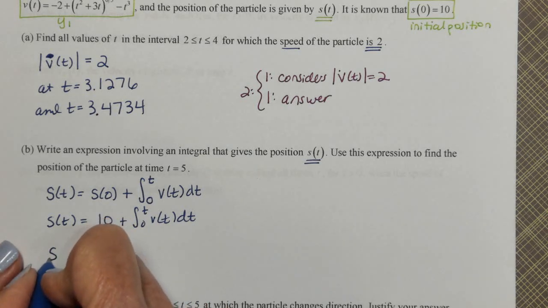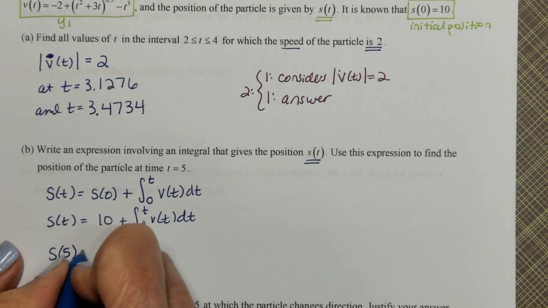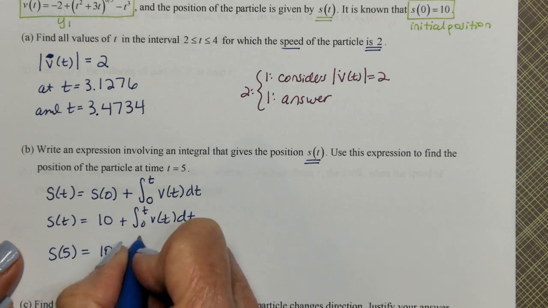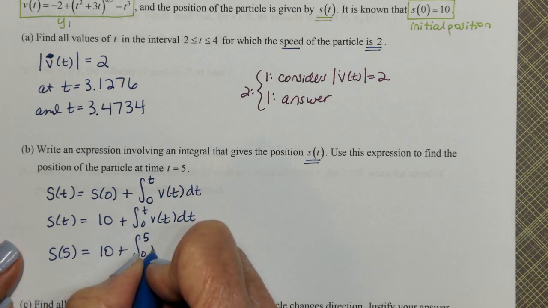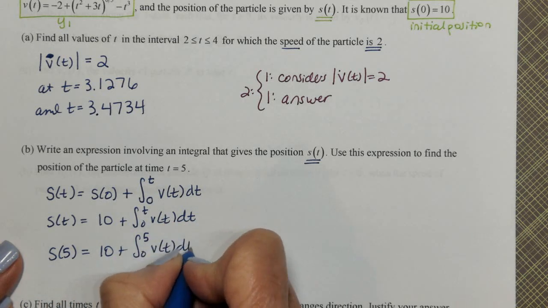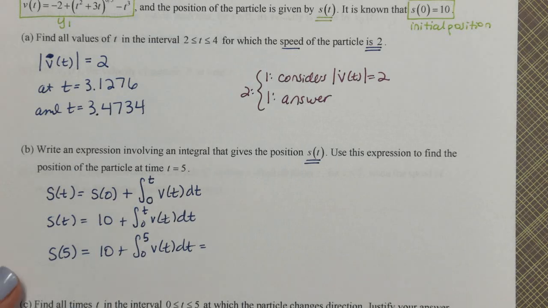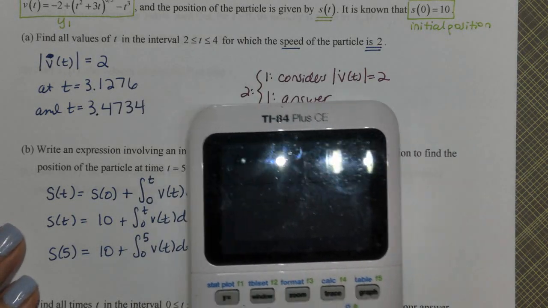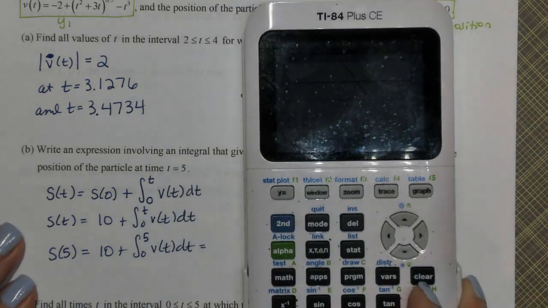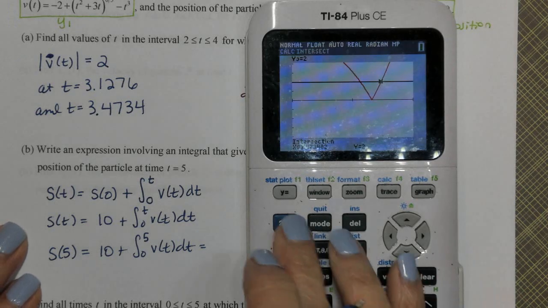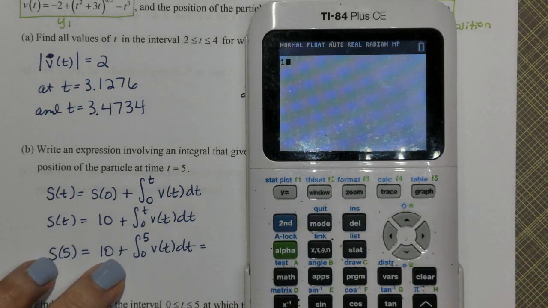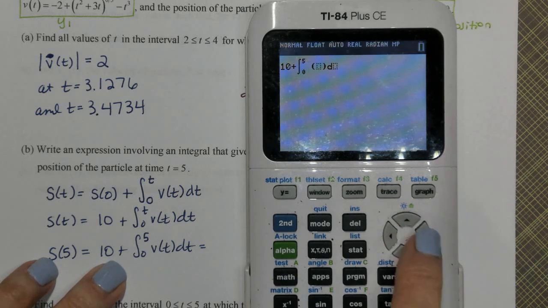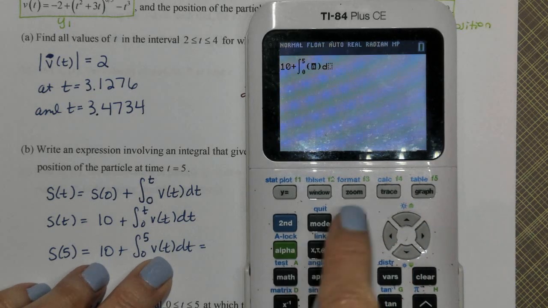And now we're going to use that expression to find s at 5. We'll use our calculator for that, of course. Okay, 10 plus integral 0 to 5 of our y1.